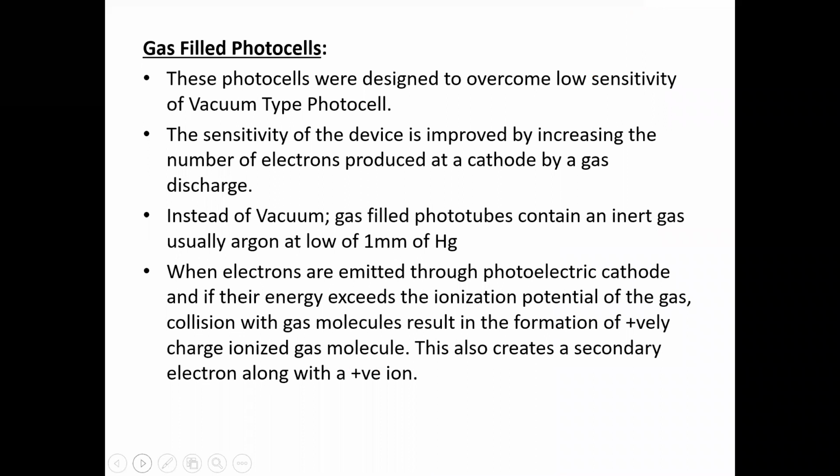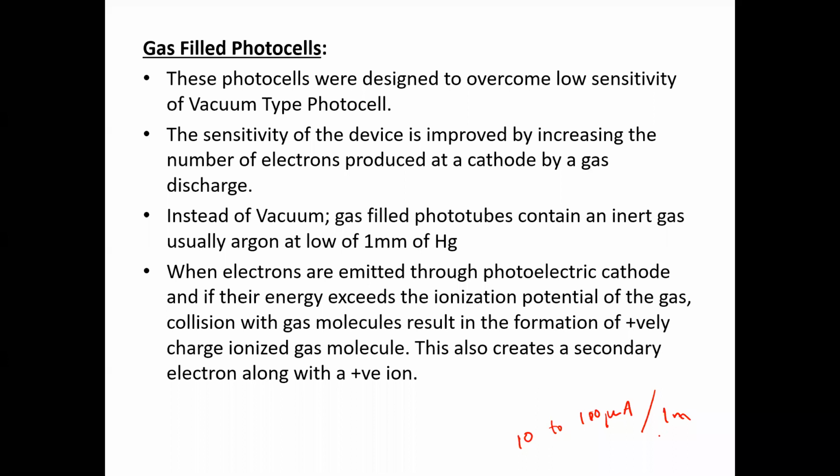Now, one of the disadvantages of the vacuum type photocells is that they produce current of very low magnitudes in the microampere range. Using those vacuum type phototubes, a sensitivity of 10 to 100 microampere per lumen can be obtained. So that is a very low amount of current.